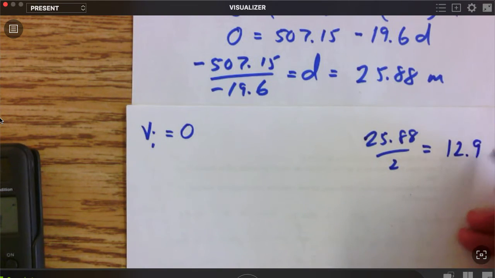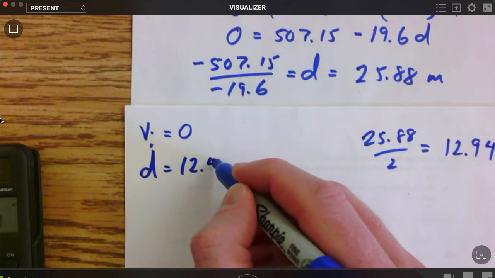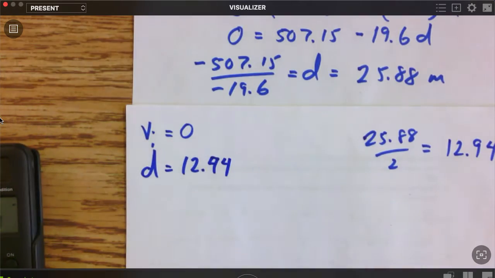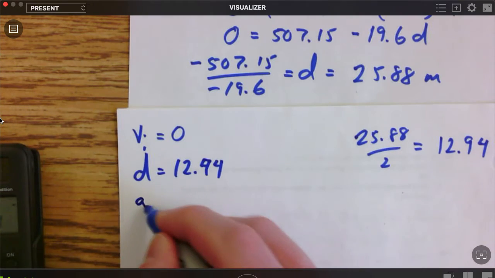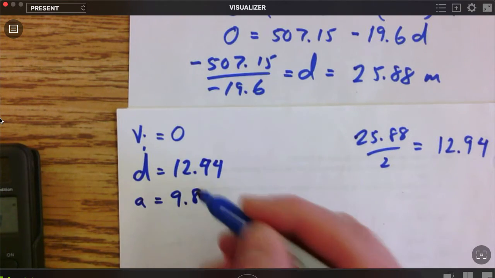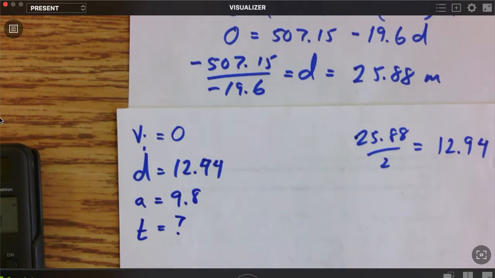That's how far they're falling. That is how far we're interested in for our equations. So the displacement is going to be 12.94. Acceleration is 9.8. We can keep it positive. And now we're solving for time.